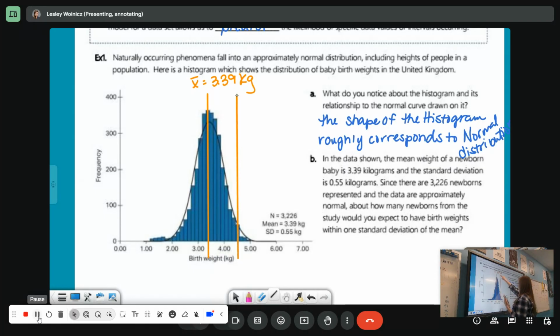Oof, I wanted it to be pink. What did I say, 3.94? So like about there, ish.